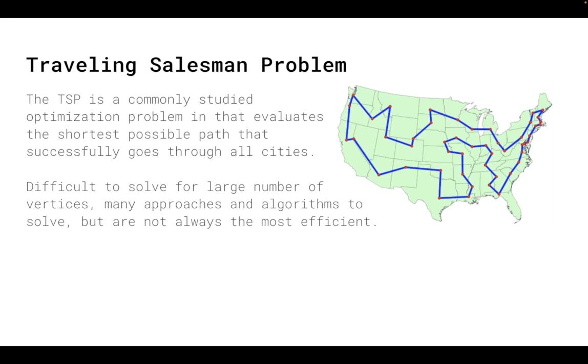So there's a few ways to solve this, but in general, the simplest but not necessarily least tedious approach is to draw every path that exists for the number n vertices, and then total up the distance of each edge, and then find the sum that is the shortest. This becomes really impractical when you have a large number of vertices. So this is a really commonly studied optimization problem for computer science theory and also in math.